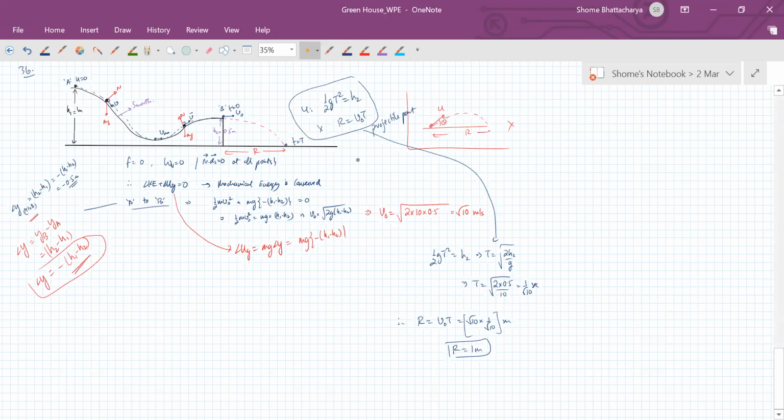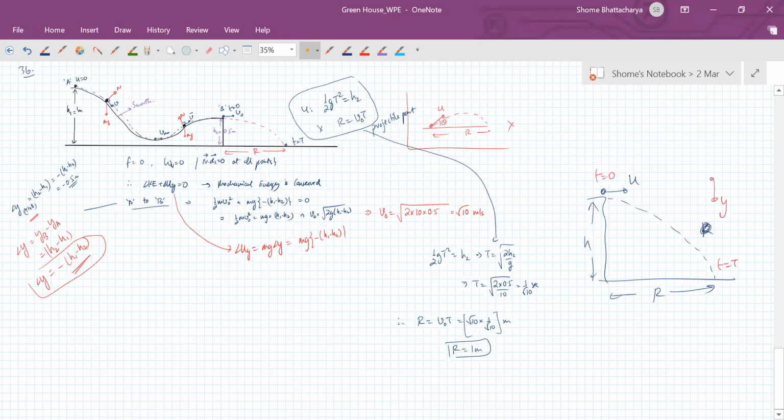Please let me know if there's any doubt about how the projectile motion part was solved. Basically using this concept that from a height h, if you project something horizontally at a speed u, how do we calculate the range? We calculate it using time. Okay.